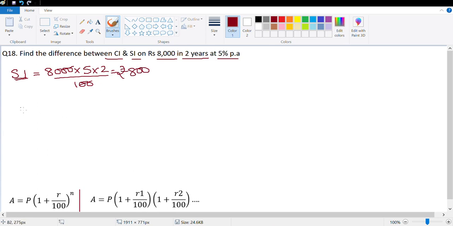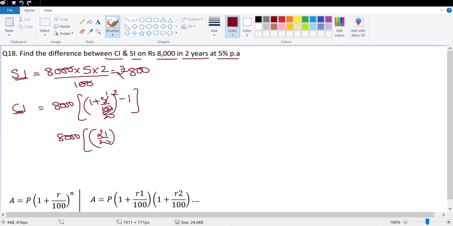Let's calculate compound interest. Compound interest will be equal to principal times 1 plus r, in this case 5 upon 100, raised to the power 2, minus 1. So this is 5 1, 5 20. So this is 8,000 times 21 upon 20 square minus 1.